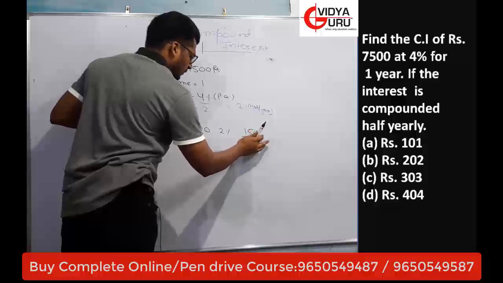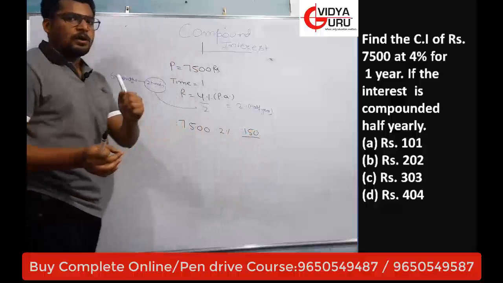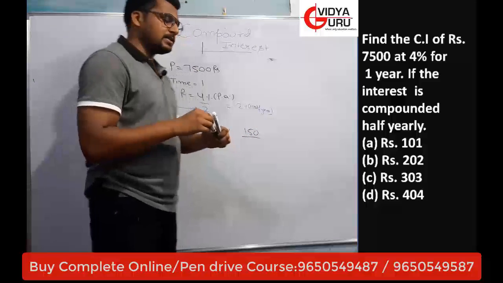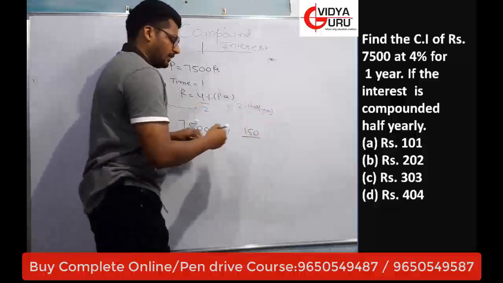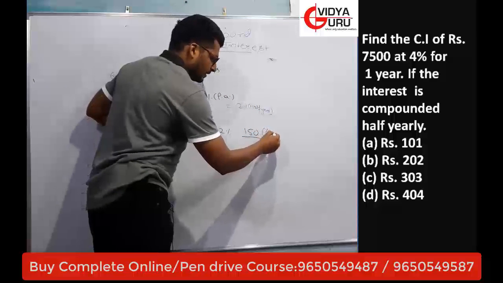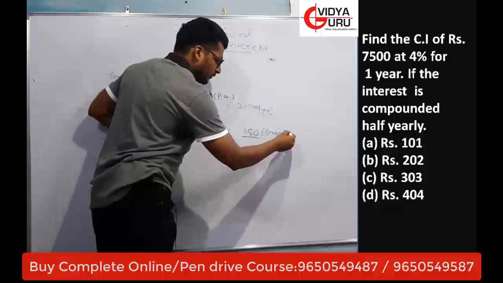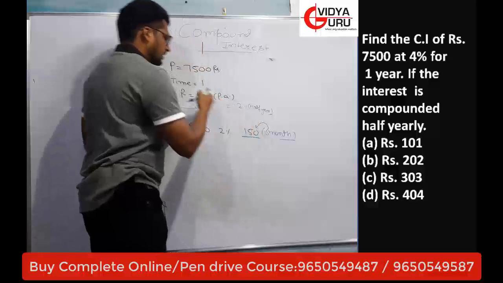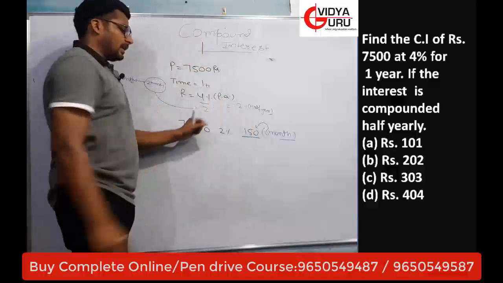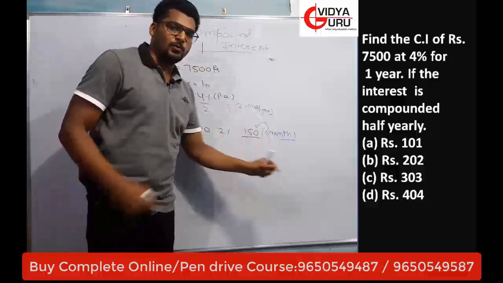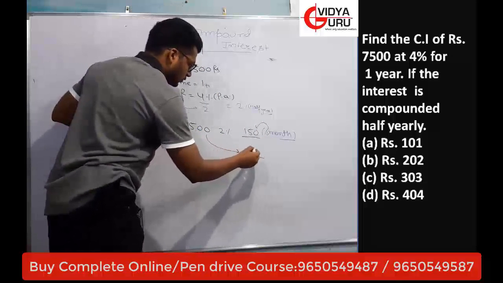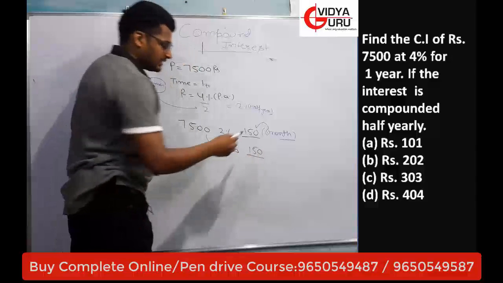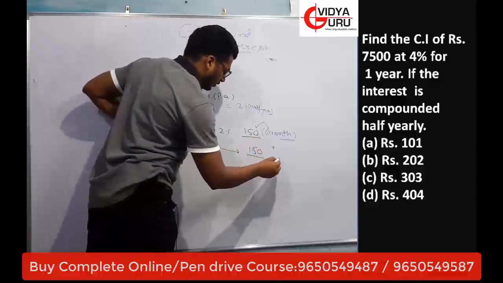Now if I calculate on 7500, for half year the rate is 2%, its 2% will be 150. But this interest is for how many months or years? This interest is for 6 months, because interest is calculated every half year. But the question is saying for 1 year. That means I need to go for 6 more months. So for the next half, I will receive interest on this 150, and I will receive interest on this also.